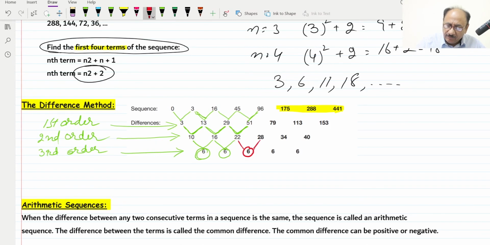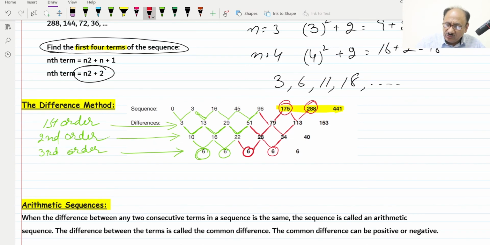We found this difference, and this 28 we will add in 51 and we will get 79, and this 79 we will add in 96 and we will find 175. So we found this 175 by adding these differences. Similarly, 6 plus 28 we can find 34, and 34 plus 79 we can reach 113, 113 plus 175 we can reach 288, and this will be our second term of the sequence.